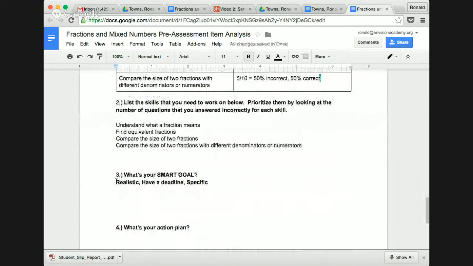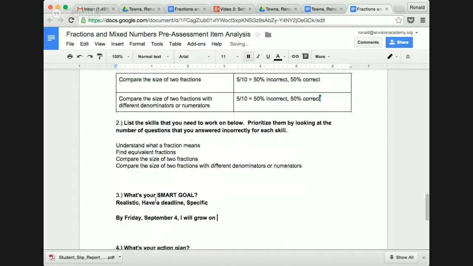Everybody's goal should start like this. By Friday, September 4th, I will grow on, and you can insert whatever skill you have. So I will grow on the skill of understanding what a fraction means. Or let's do this better.